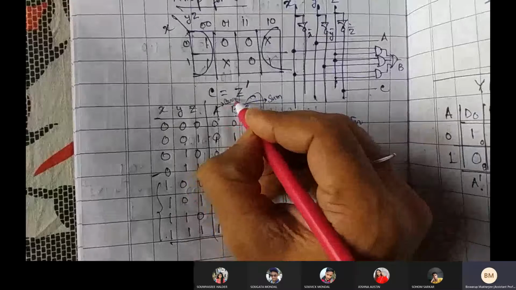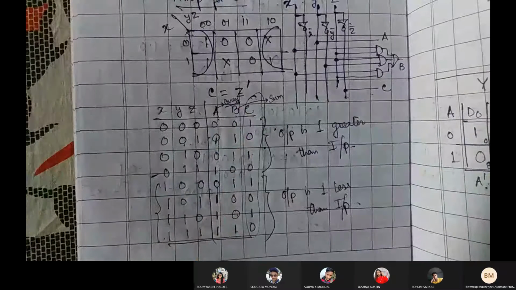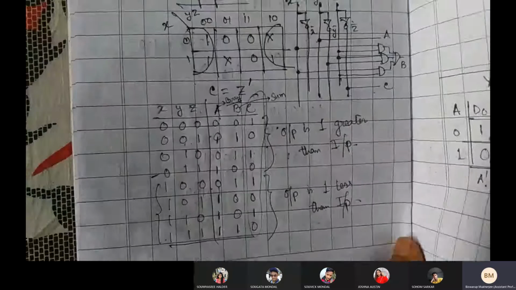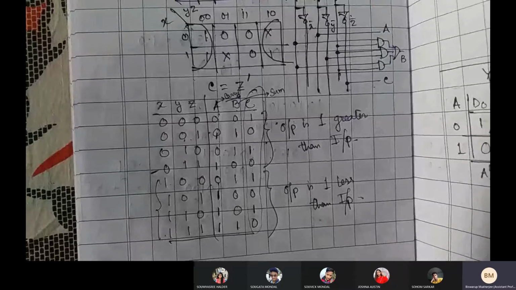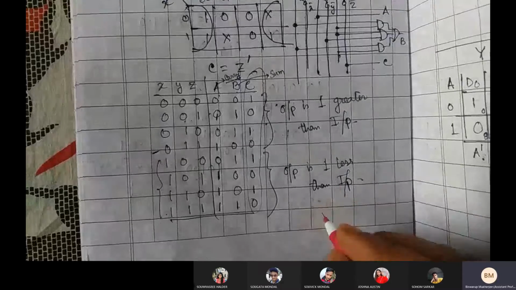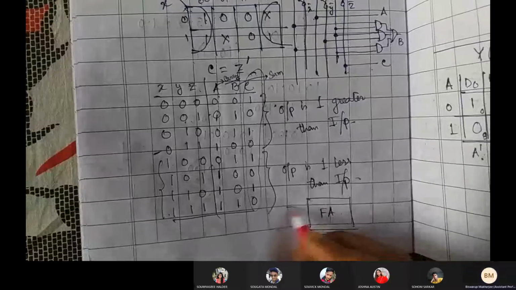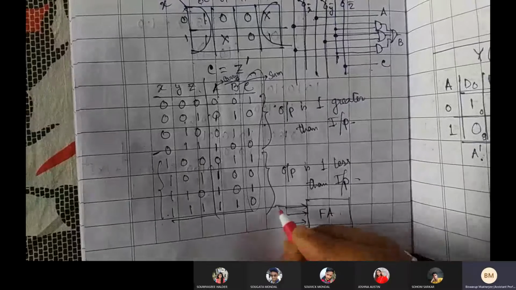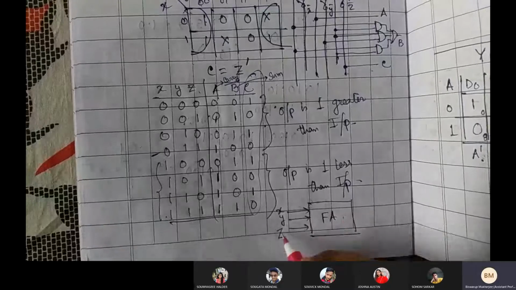So this can also be carry. Because if you look after this, 0001 followed by 0111. So if you want to make this circuit, that can be what Josna had done, that is she has just made one full adder where the inputs were x, y, z.